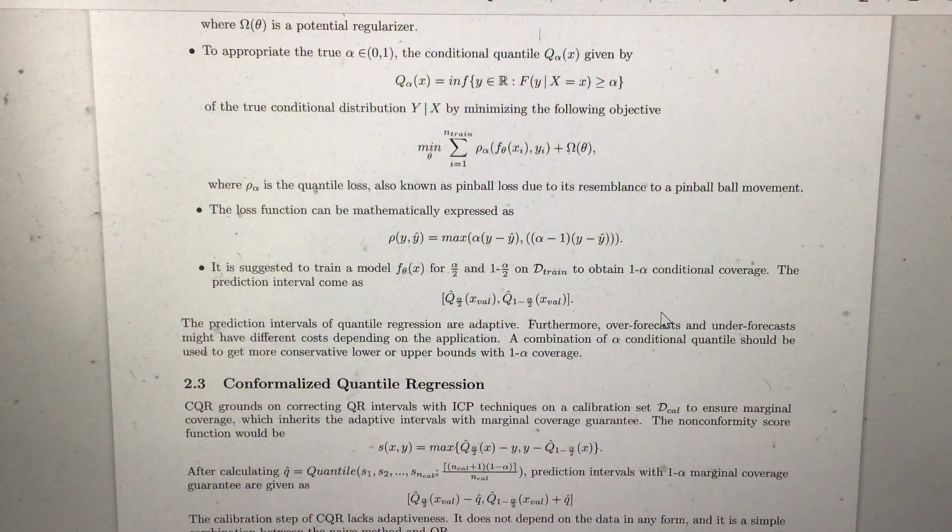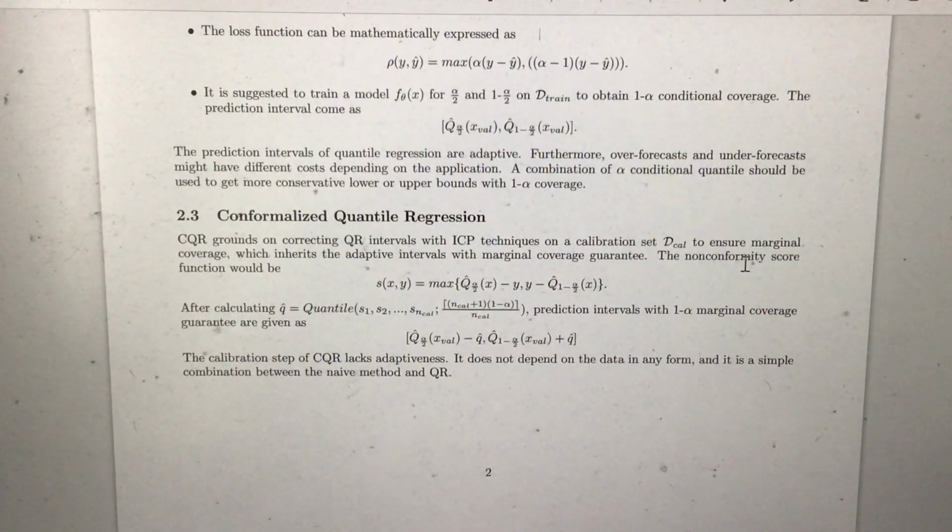So a combination of conditional quantiles should be used to get more conservative lower or upper bounds with 1 minus alpha coverage, because sometimes the lower or upper bound will be too large or too small, and it needs something to become more conservative.